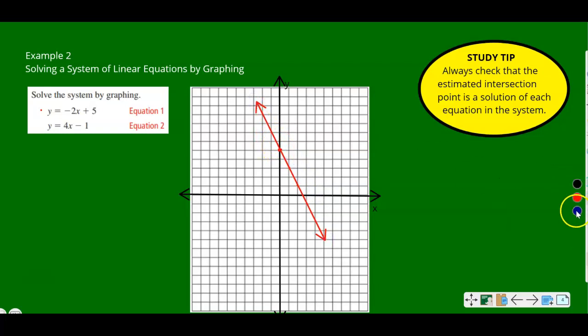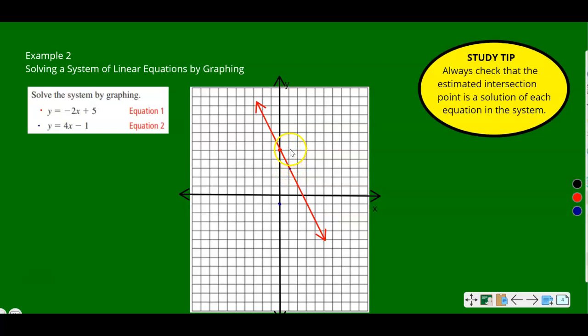Okay, now let's look at the second line. Let's put this one in blue. All right, so this one has a slope of 4 and a y-intercept of -1. So let's put a point at -1 on your y-axis. We have a slope of 4, so rise 4, 1, 2, 3, 4, run 1. Right there's going to be our intersection point.